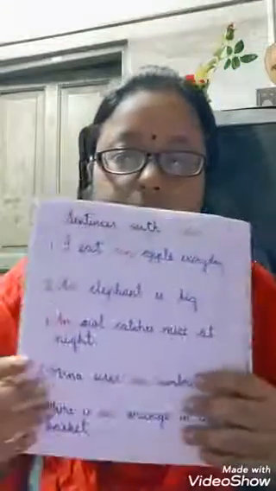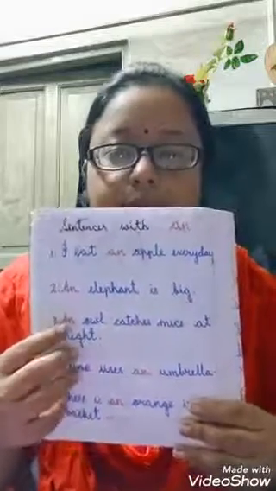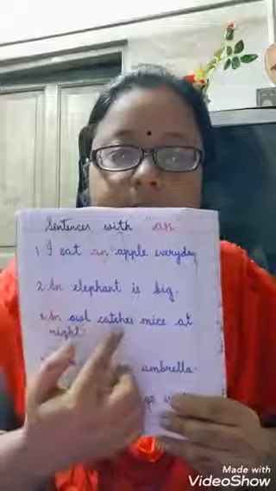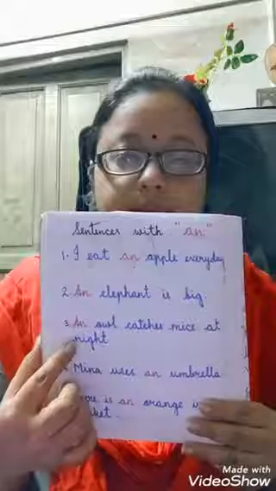In the next picture, we have seen two things, one bird and one animal. The first one is an owl and the next one is a mouse. So, an owl catches mice at night.